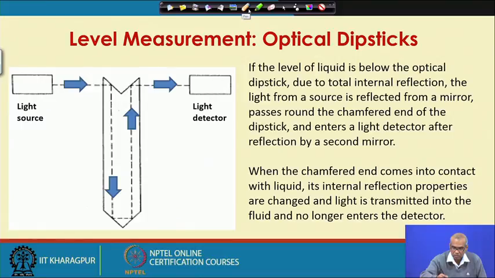So, if I can move this dipstick up and down, it should be possible for me to find out the level of the liquid by noting when the detector does not receive light.